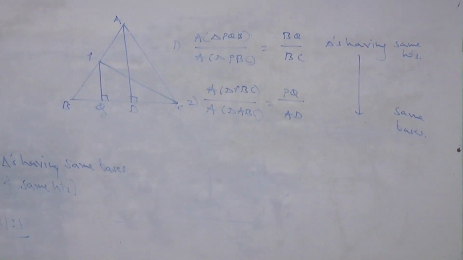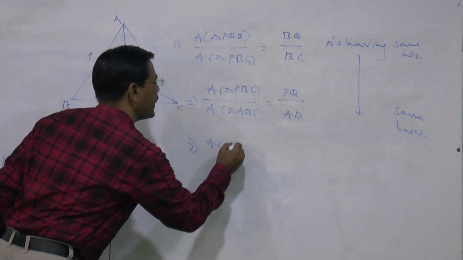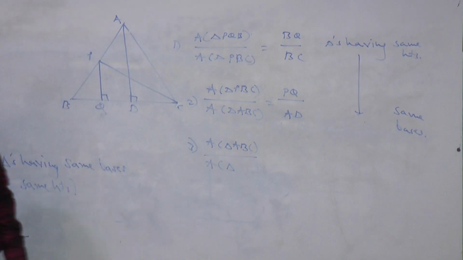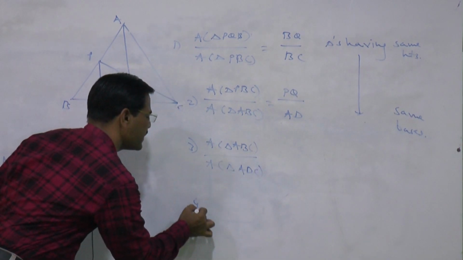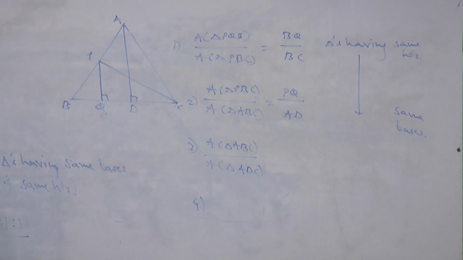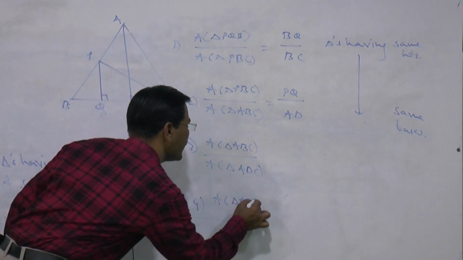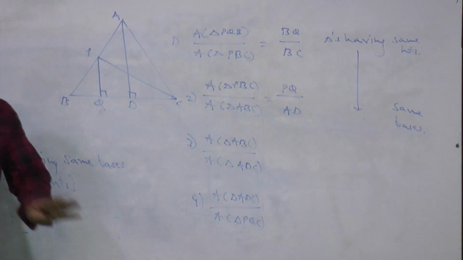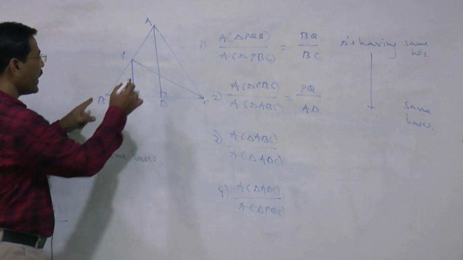Now only two parts remain. Area of triangle ABC upon area of triangle ADC, and that part you can see very easily. Where is ABC here? And what about ADC?